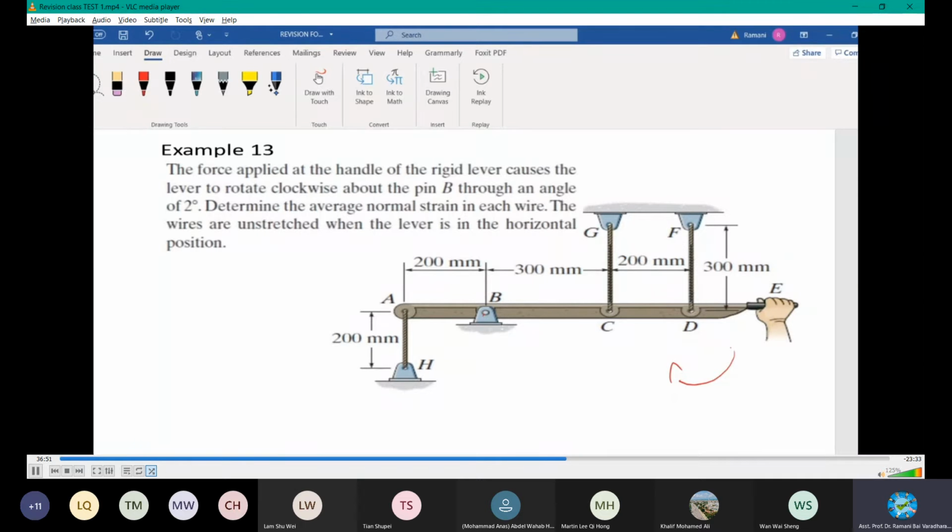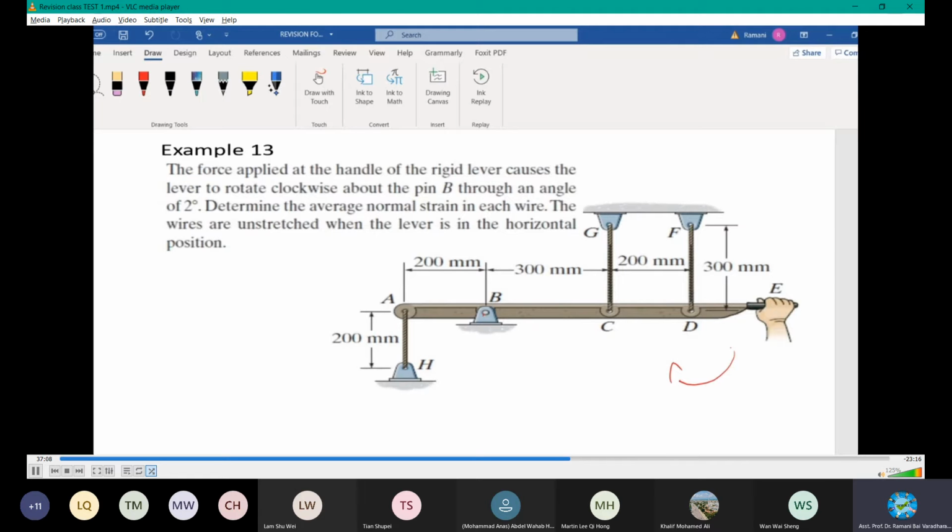You are given with this is the support, right? There is a wire and this is pin and there is a support, wire is hanging, and this is your another support at F, a wire is hanging, and there is a handle.